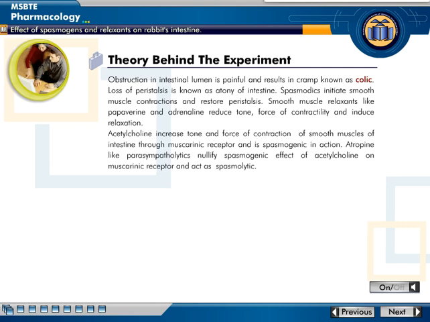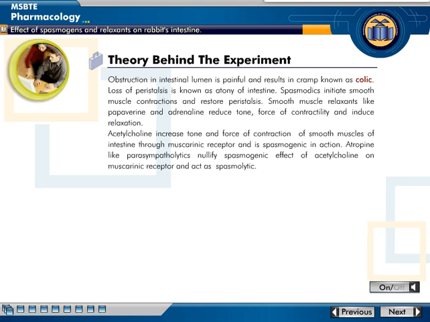Then what is atony? The loss of peristalsis movement is known as atony of intestine. Then spasmodics initiate smooth muscle contraction and restore the peristalsis movement of intestine.